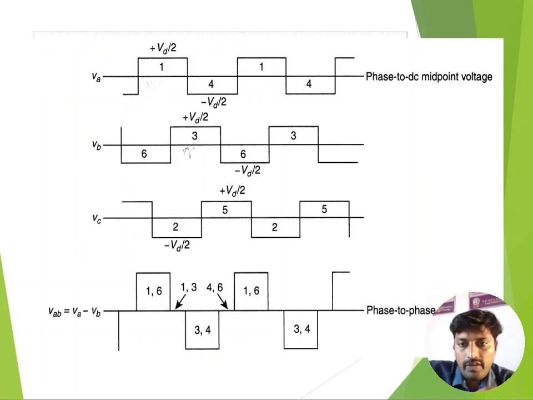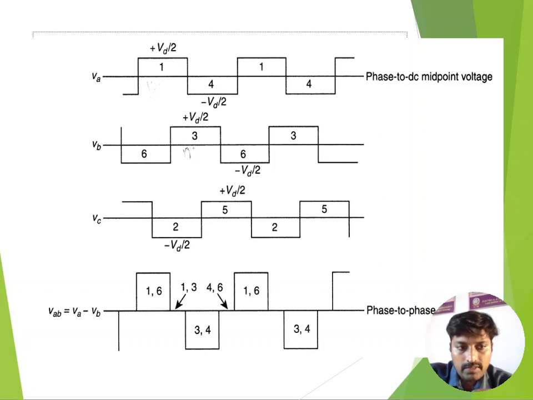You see this is a phase to DC midpoint voltage, so the magnitude is always Vd by 2. For phase A, the positive side voltage is from valve 1 and the negative side voltage is from valve 4.